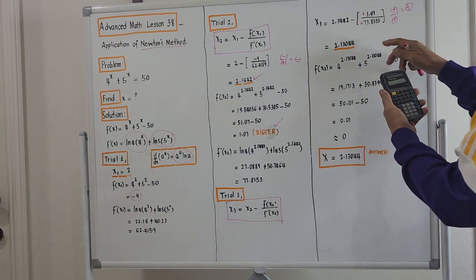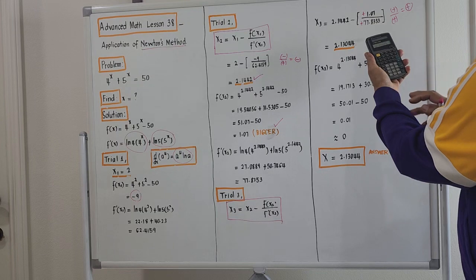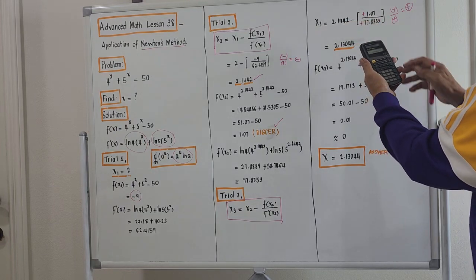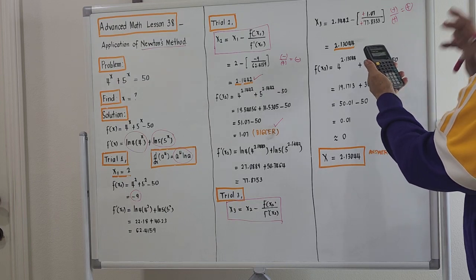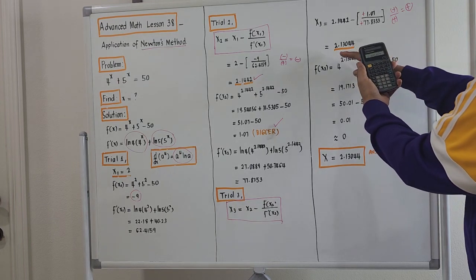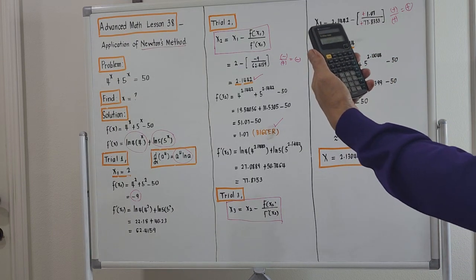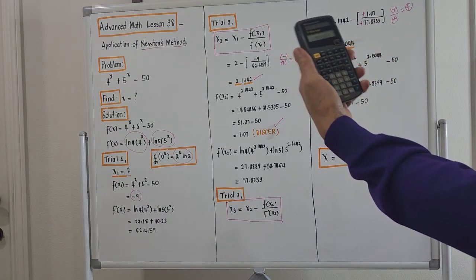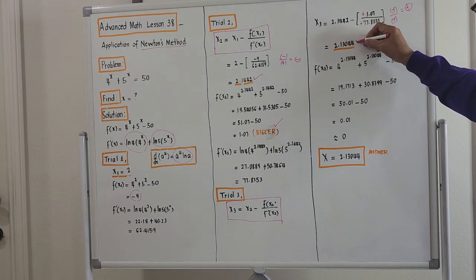Okay? Since we know that we should subtract this ratio here, we put a negative sign over here. We add this one, plus 2.1442 equals. What comes out is 2.13044. Right? That's the third trial value.